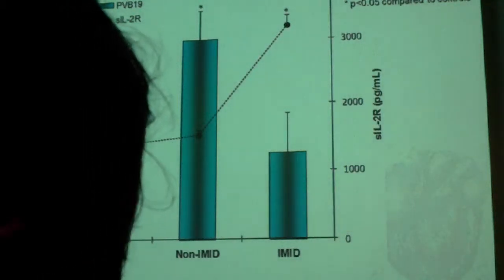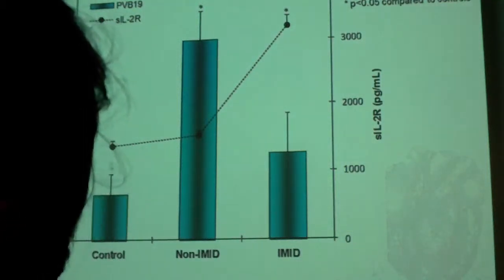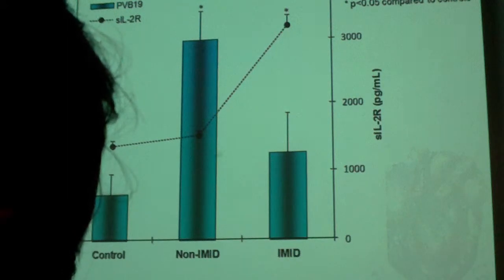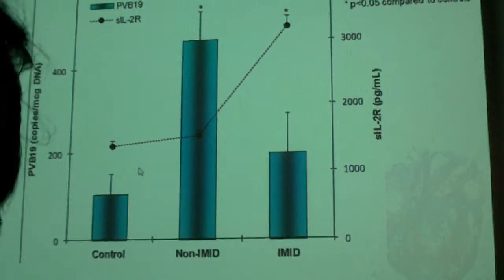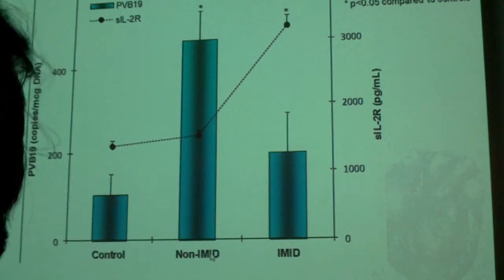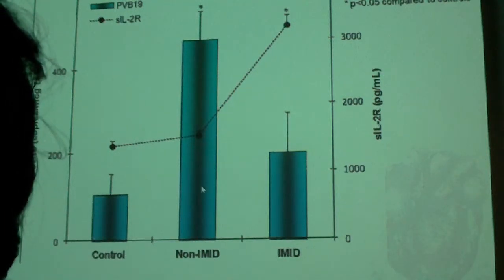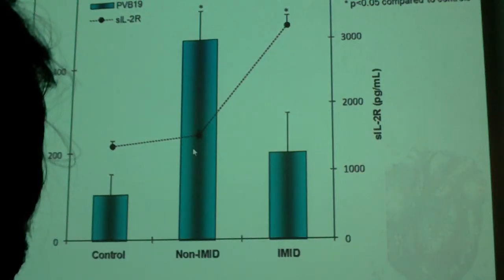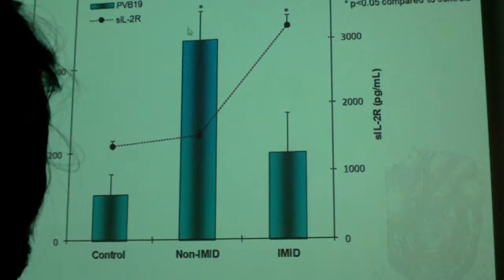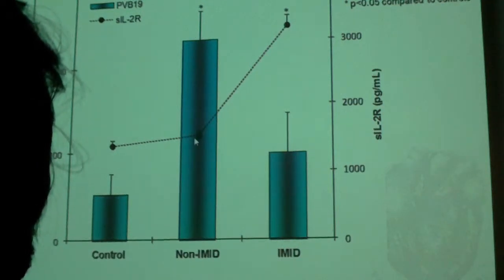This is the nice thing about this slide. As you can see, for the control group, we have soluble interleukin-2 on this side and the parvovirus copies here. In the control group, both were low. In the patients without immune-mediated diseases, you can see the soluble interleukin-2, which is a T-cell receptor in the serum, is normal compared to the control group, and the parvovirus was especially high.